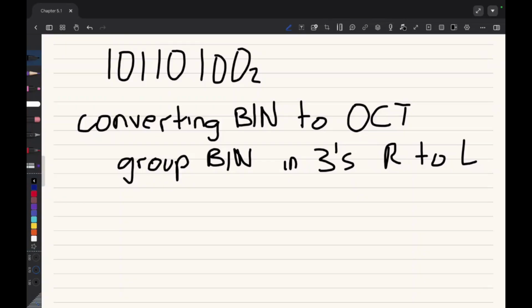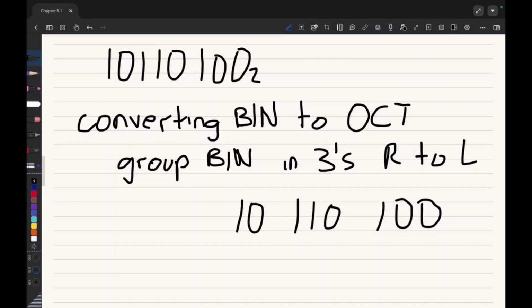The first group that we have is 001. That's 3. Then we have 011. And then we have 01, but we need 3 values, so at the front we add a 0. This 0 doesn't change anything, unless we were to put a 1.